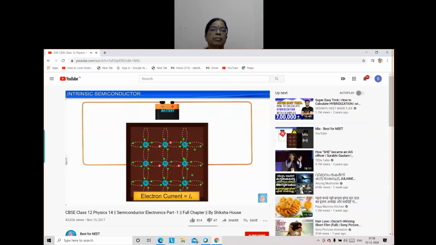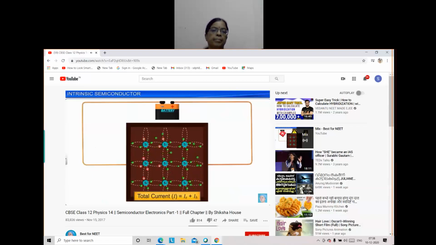The holes shift towards the end connected to the negative terminal and generate a hole current denoted by IH. The total current flowing through the semiconductor is equal to the sum of the electron current and the hole current.